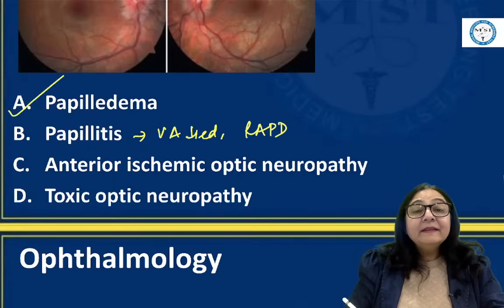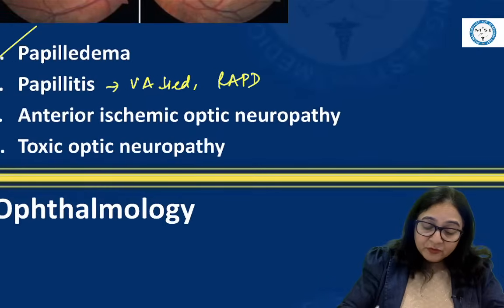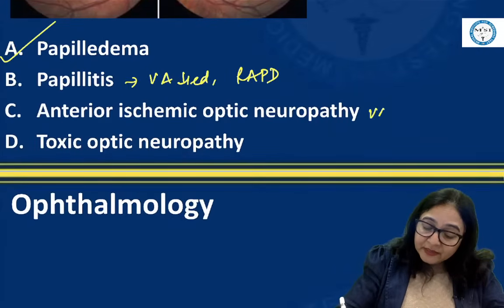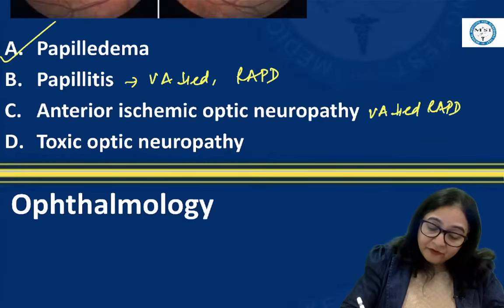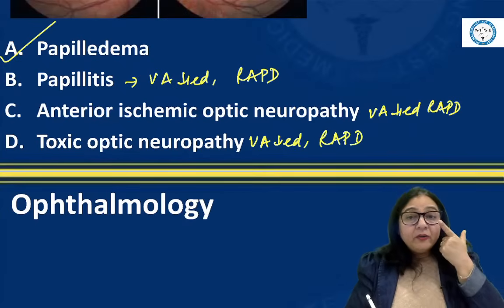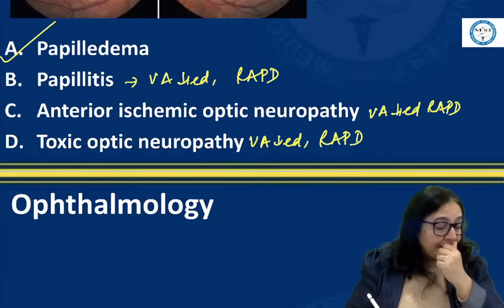Similarly, in anterior ischemic optic neuropathy, visual acuity will be decreased, there will be RAPD. Toxic optic neuropathy, again vision will be decreased and there will be RAPD. And if you remember, one of the important drugs which causes toxic optic neuropathy is ethambutol.